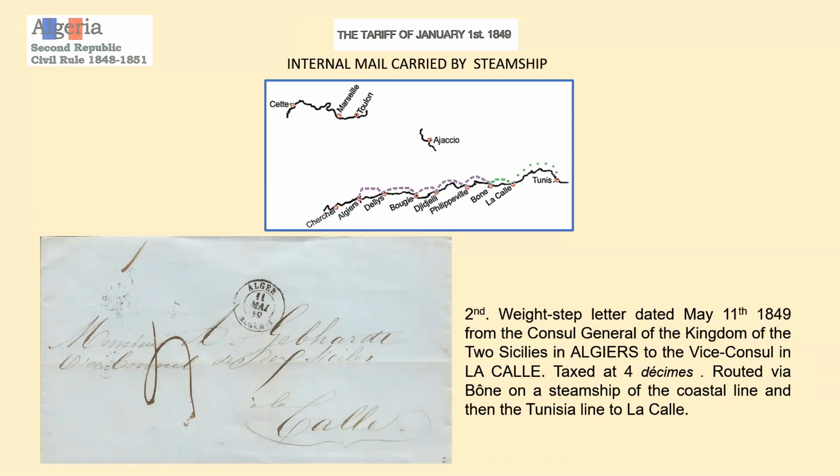So it's far quicker to send your mail by sea, and it's gone from Algiers to as far as Beaune, where it was transshipped onto the Tunisia line, to reach its destination at La Calais, still in Algeria.